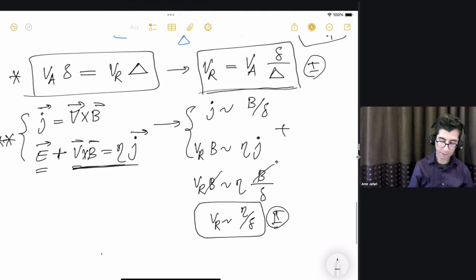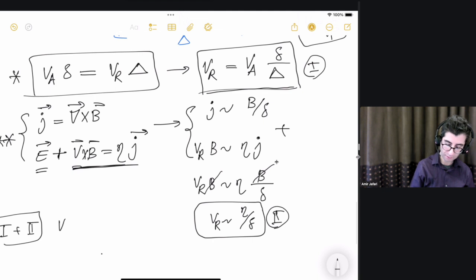So by combining them, what you get is VR is eta over delta, and if you substitute delta from the first relation, you're going to get the square root of eta VA over capital delta, I guess.